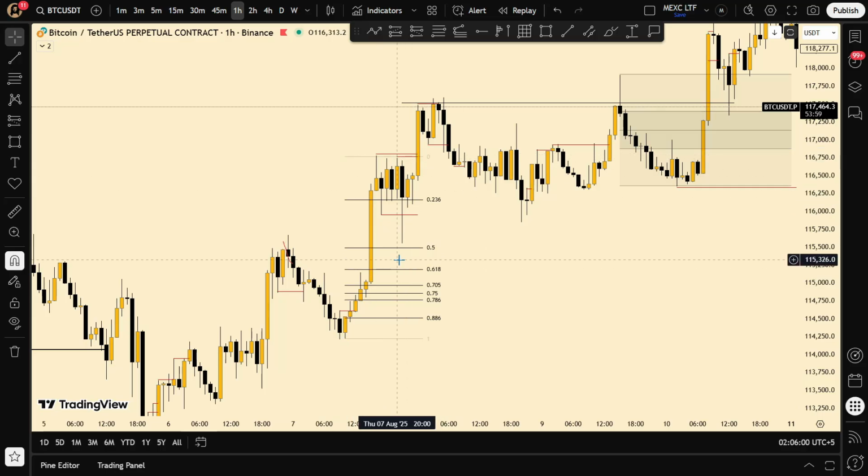The price should actually come back and retrace to at least the 0.5 of the whole leg, which basically rebalances the whole move. This is part of inefficiencies and imbalances, which we'll cover in the next videos, but this is a good thing to know.